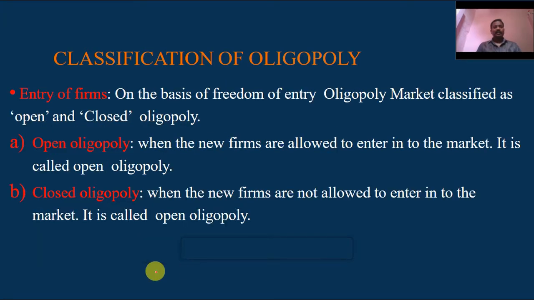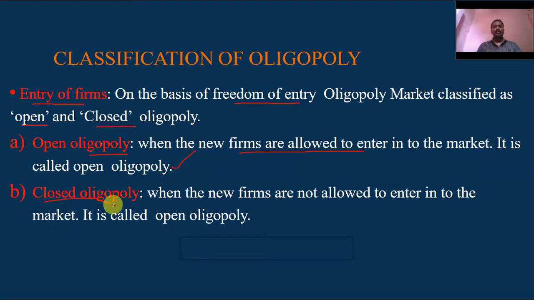Now they again classify based on the entry of firms. On the basis of freedom of entry, the oligopoly market is classified as open and closed oligopoly. When new firms are allowed to enter the market, that is called an open oligopoly.